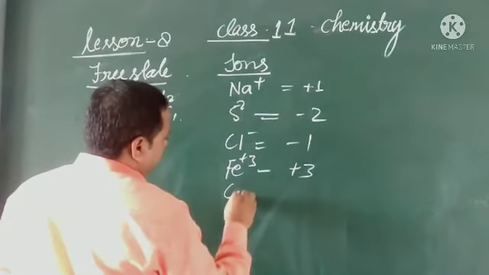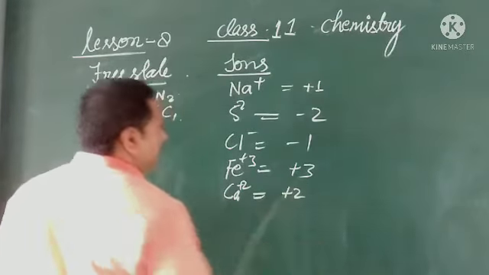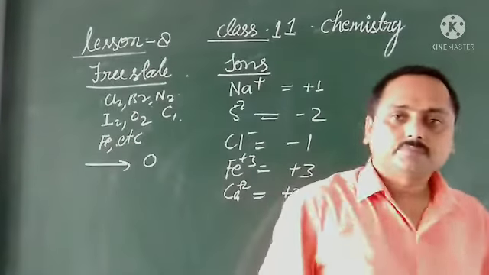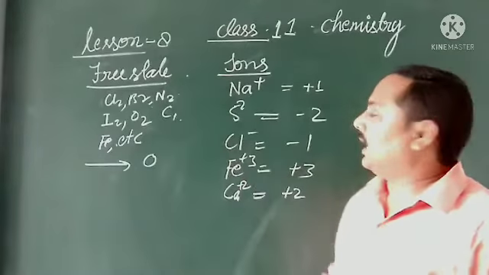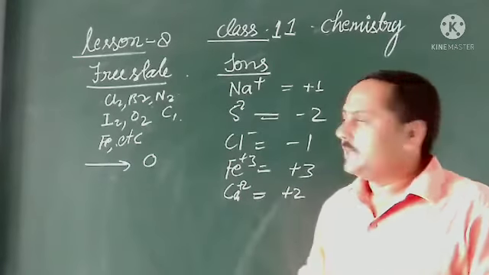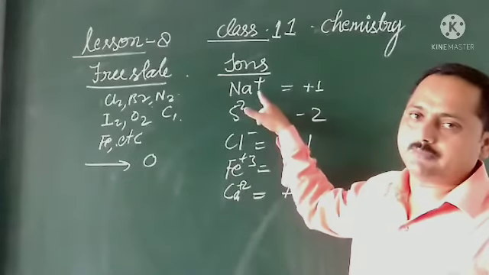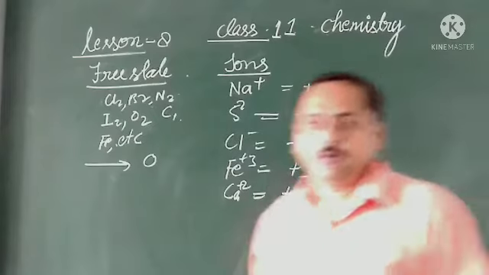If this plus 2 is there, the oxidation state is plus 2. So these are very easy to understand. Okay, means in free state 0, and in ions the charge possessed by them is equal to their oxidation state. So the oxidation state of sodium ion is plus 1, this minus 2, like this. Okay.